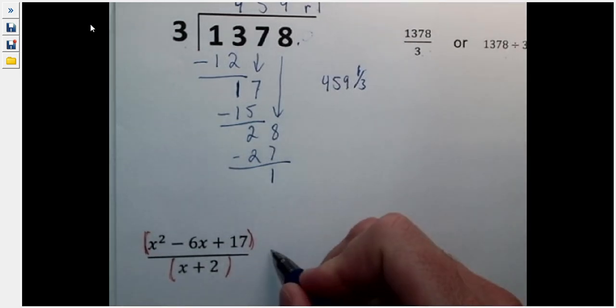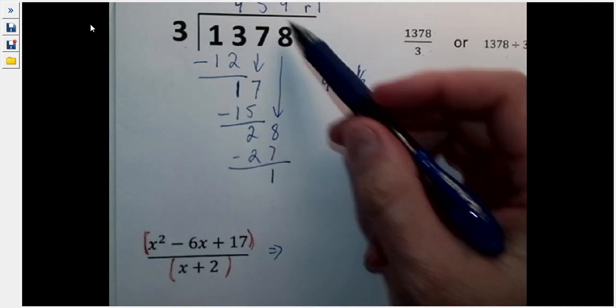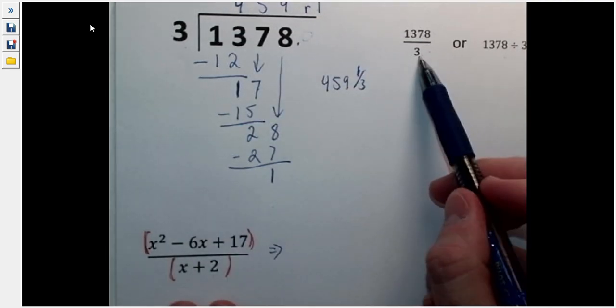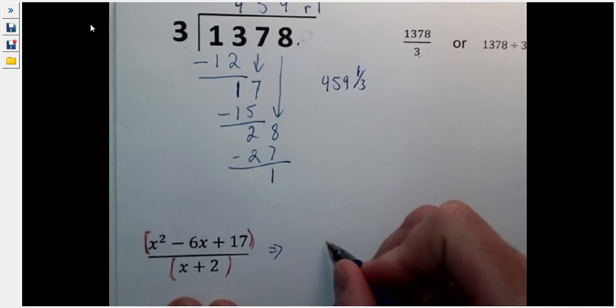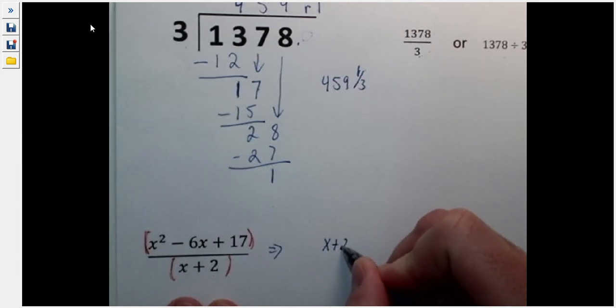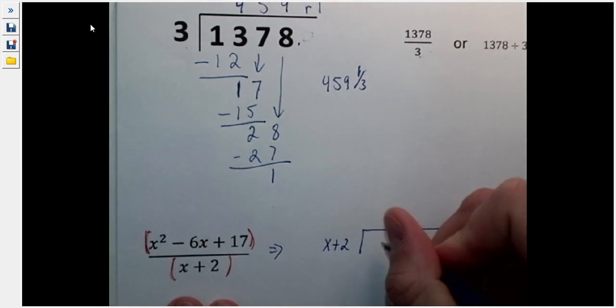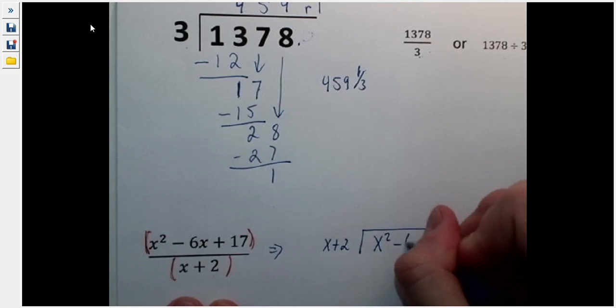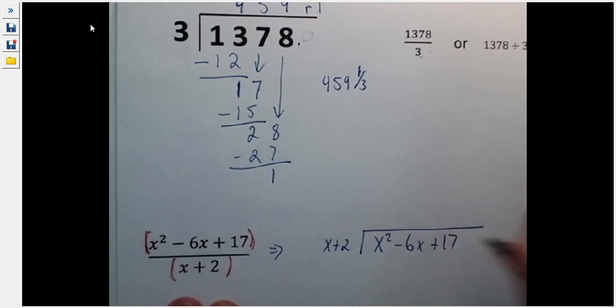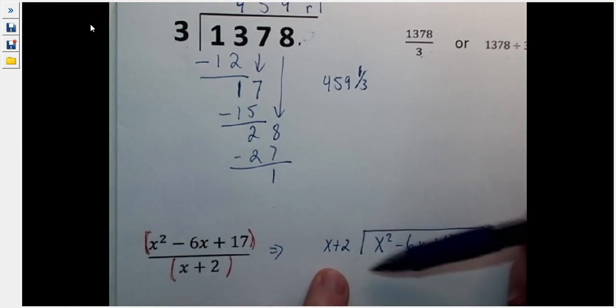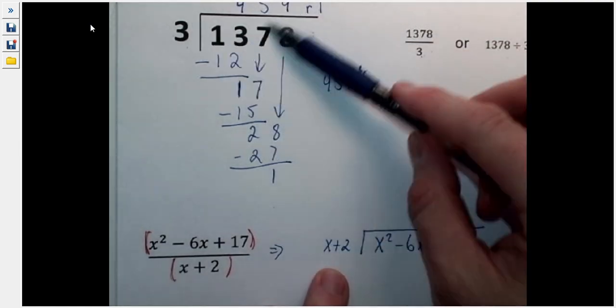So we're going to change this to its long division form. And just like this one, the denominator goes on the outside, so we get x plus 2, and the numerator goes inside, x squared minus 6x plus 17. Now we have it set up for long division. We're going to think about it just like what we did here.